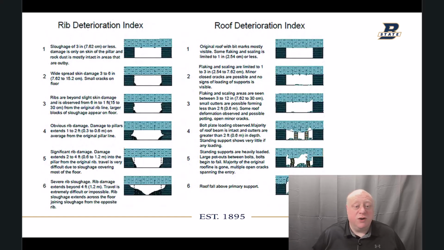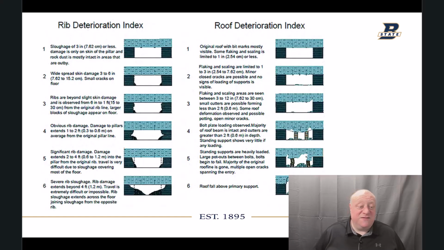For the rib index, you're looking at levels 1 through 6 for everything. A level 1 is a sloughage of 3 inches or less. Widespread sloughage of 3 to 6 inches is a 2.